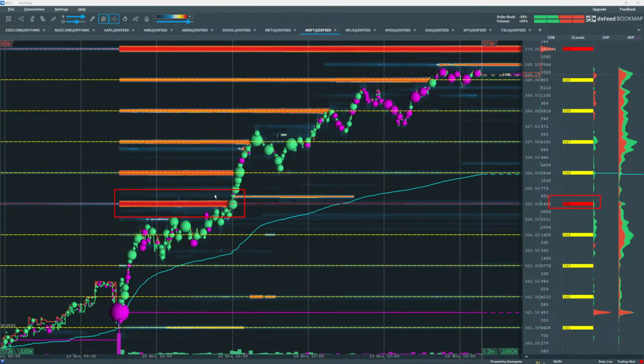Those were limit sell orders, shown at every round number level, more concentrated at the 5s and the 0s. That's Microsoft.